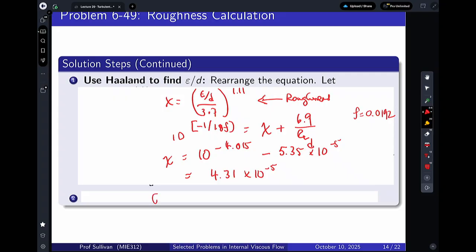You end up with epsilon over D equal to 0.00398. D equals 0.3, too many zeros, 398 times 0.3, which yields 0.012 millimeters. Okay, that's crazy.